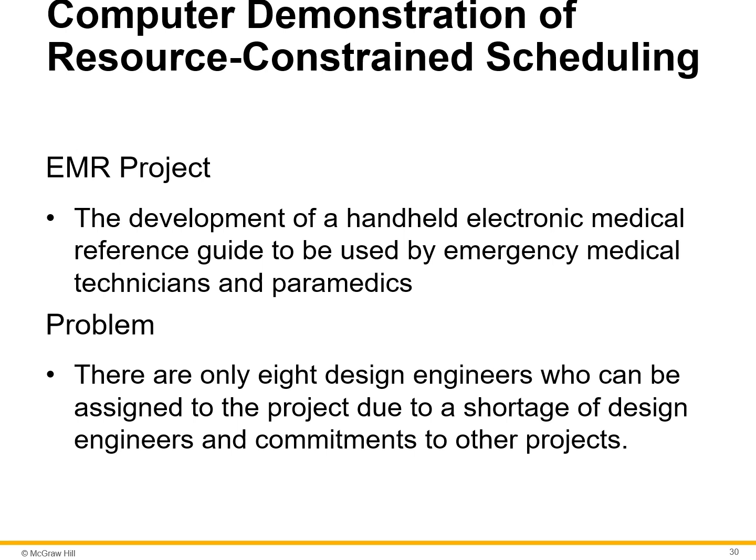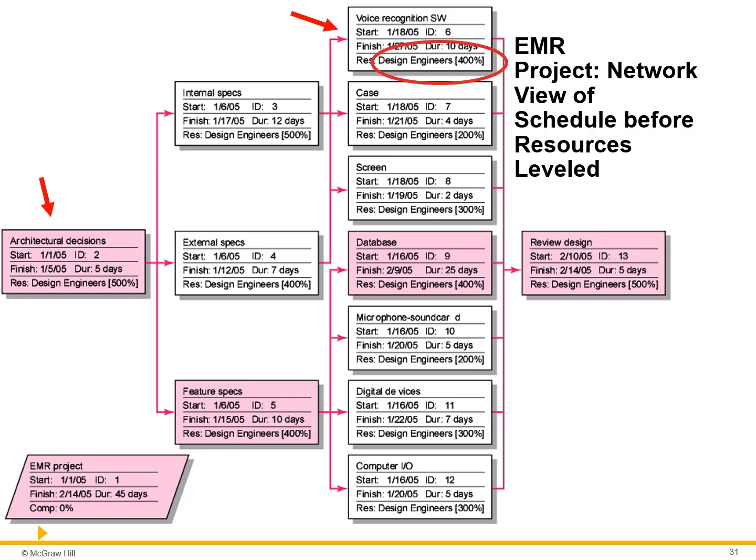For example, activity 5, features specs, requires 4 design engineers. That means 400%. The image shows a network view of a schedule before resources are leveled for an EMR project. This is a representation of the tasks, their dependency, start and finish date, duration, and the resource assigned.